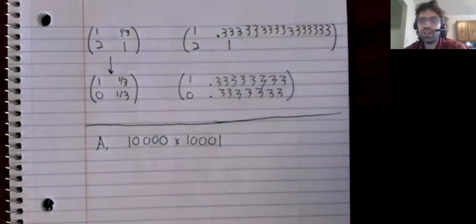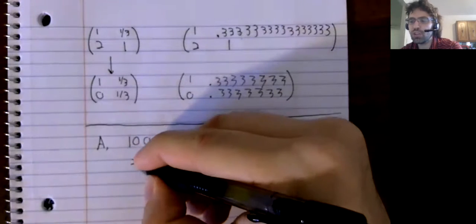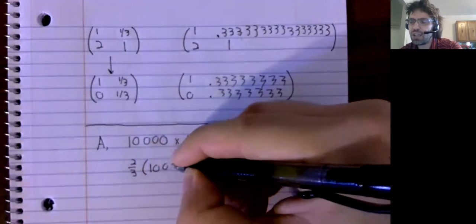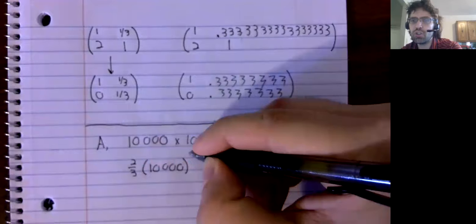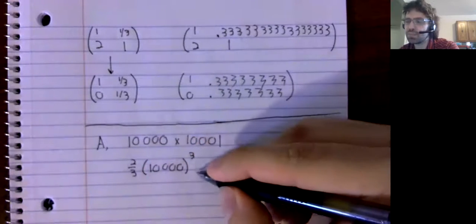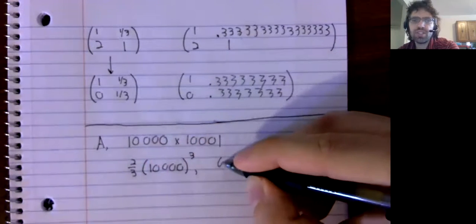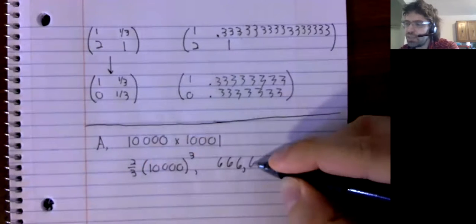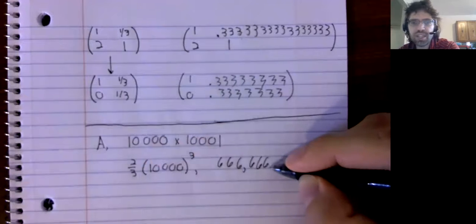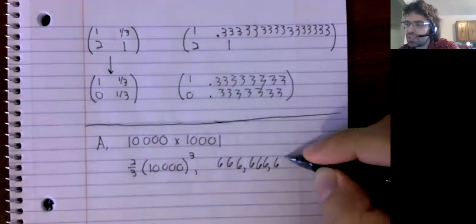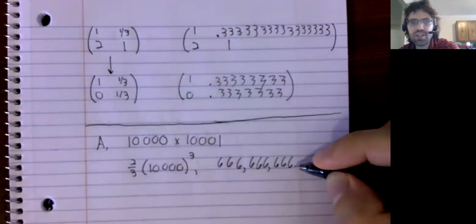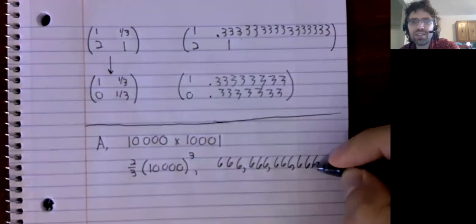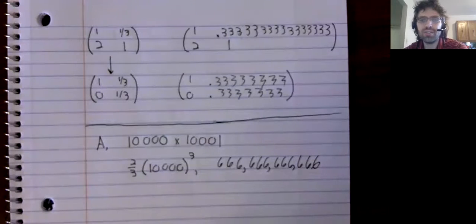Gaussian elimination in this case will take about 2/3 of 10,000 cubed flops, or about 666 billion, 666 million operations.